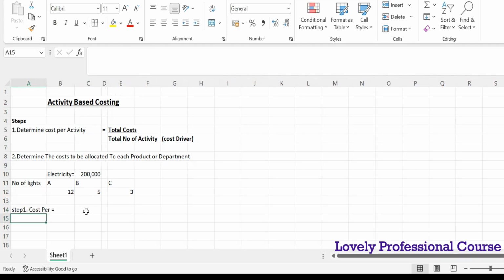If you are seeing my computation, the total cost incurred is this 200,000.